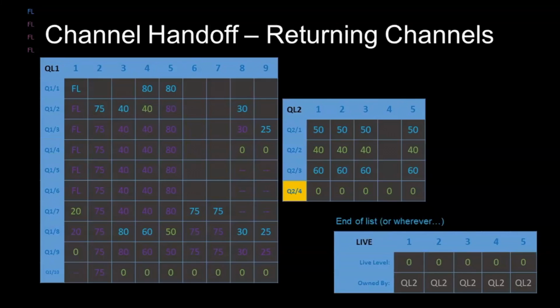So let's talk about giving the channels back. We've taken ownership of them. We're comfortable with that. Queue list 2 has them. Queue list 2 does whatever it does for as long as we want it to do it. And at some point, we want to hand back control to queue list 1.